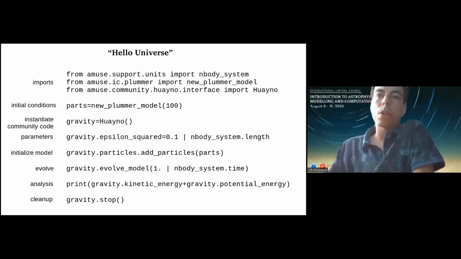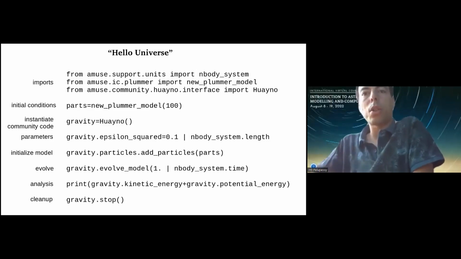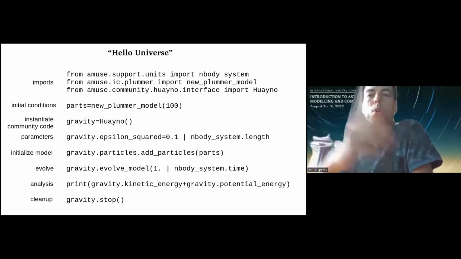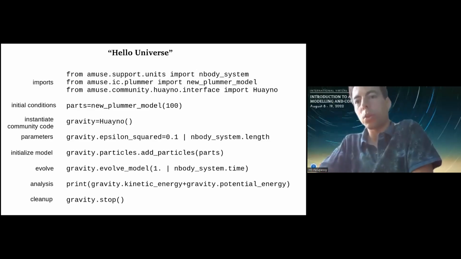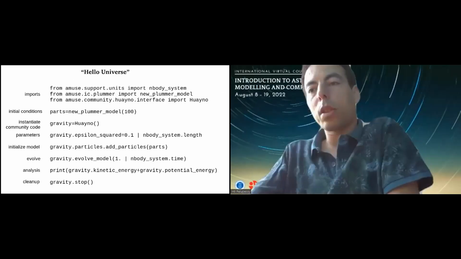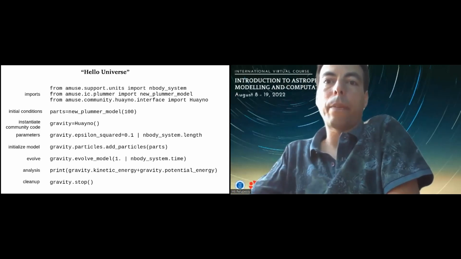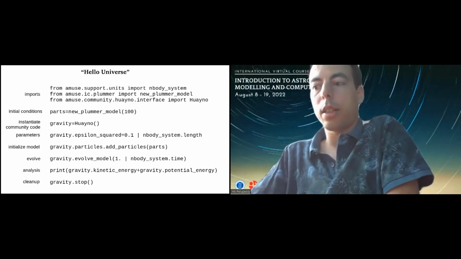You set the parameters, initialize the code with the model, and then you evolve the model. Of course, if you only use one code, there's no definition of the interaction between the different codes, but that would also be included if you use more than one code. And then at the end, you have done the run, and then you do your analysis and cleanup.